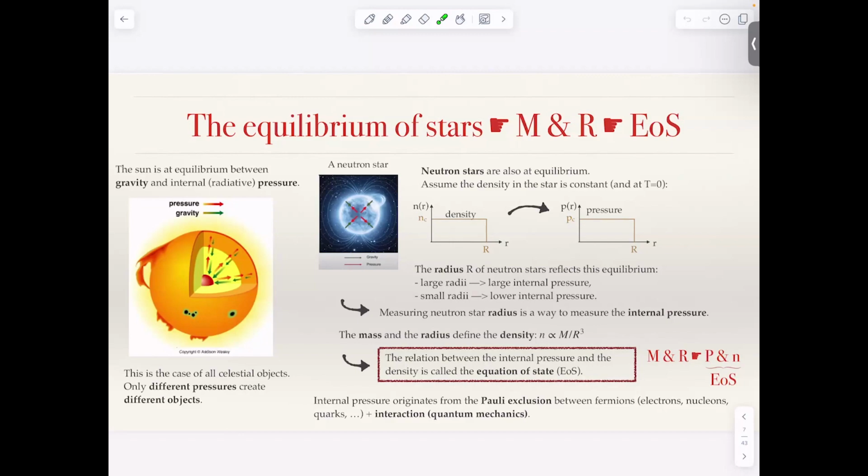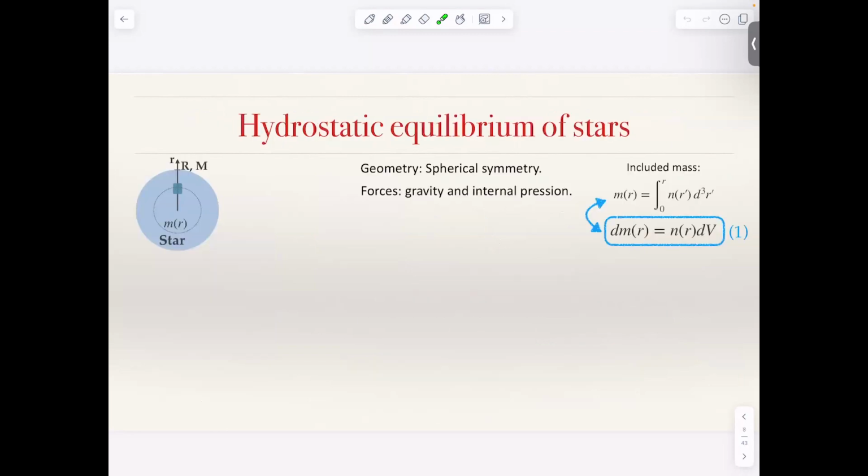So the TOV equations are the modern way to address the complexity of this question. Let's continue. First, let's start with a Newtonian description of a star that you could apply, for instance, to describe the sun.